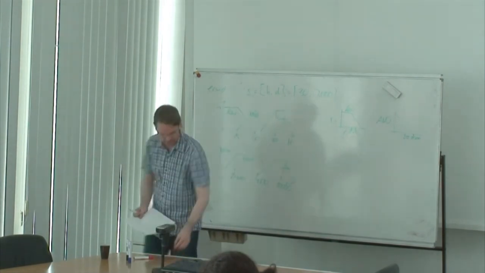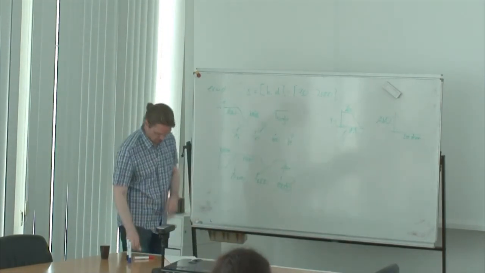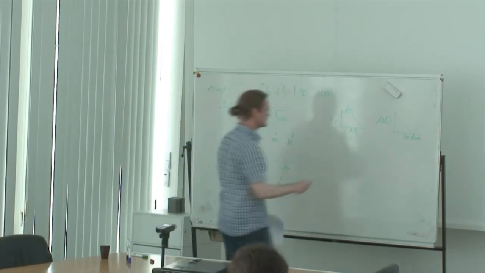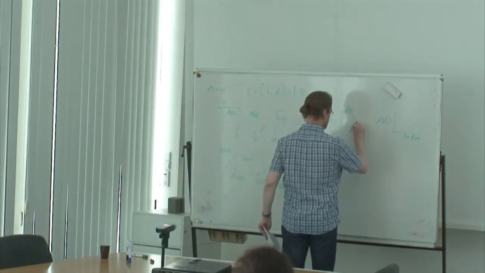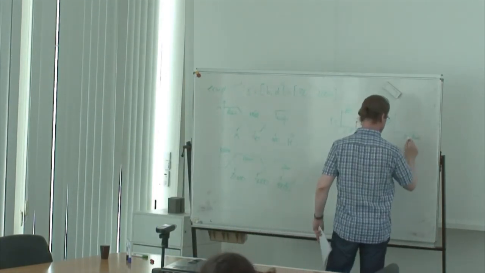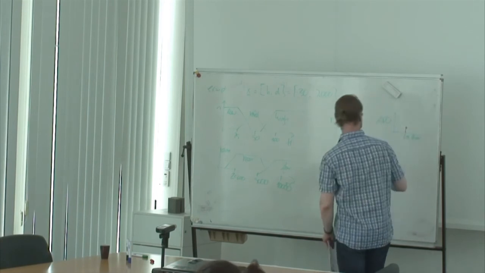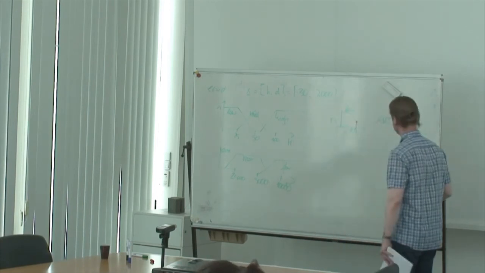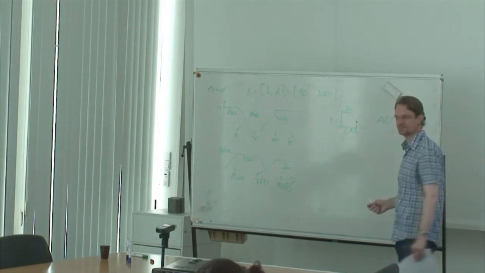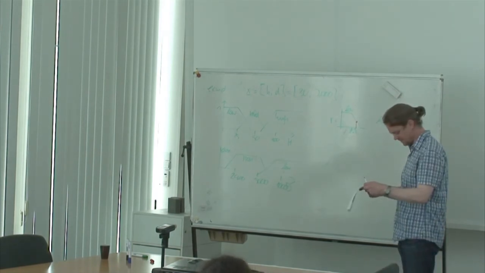We fuzzify them, that is, we compute their membership, and we find that 30 has this membership. There's supposed to be a height difference here, which is difficult to see.